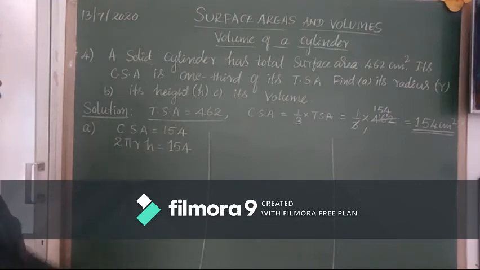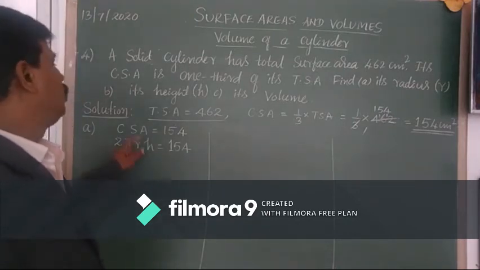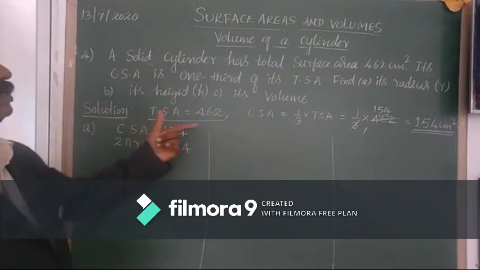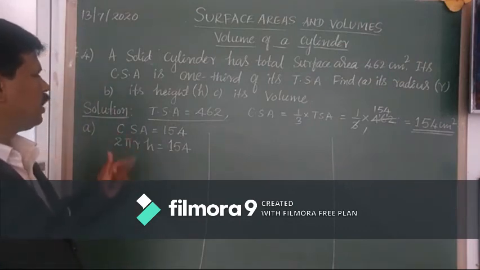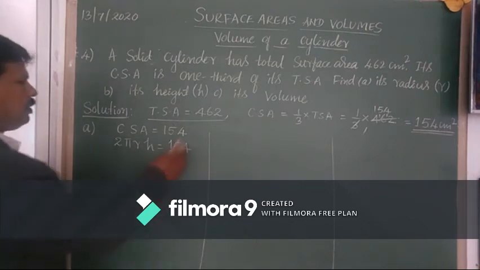But here we don't know h and r, so we cannot take the curved surface area of the cylinder. Clear? So instead of that, what we can do is take another one.